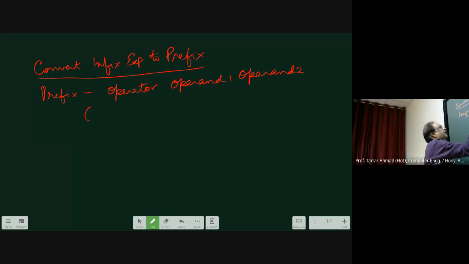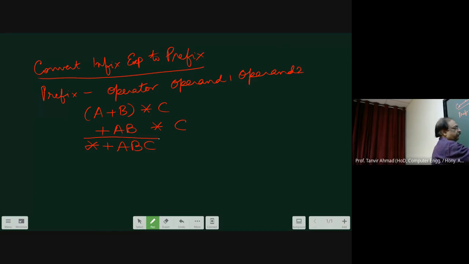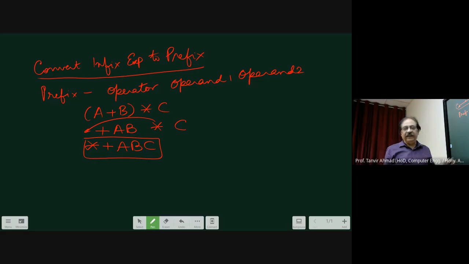If I have a simple expression like A plus B into C, you will first do plus AB, then into C, and the multiplication sign will move from here to here, so it will be into. Obviously the precedence and the brackets are already taken care of.